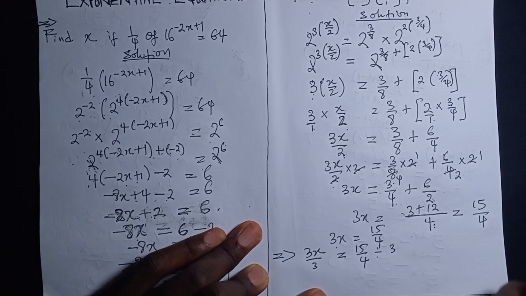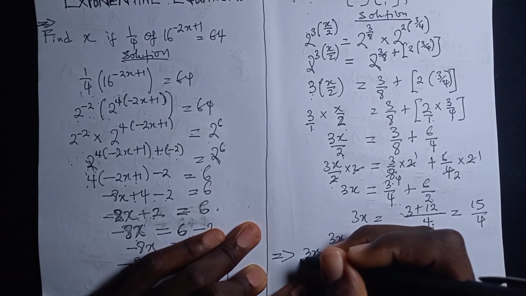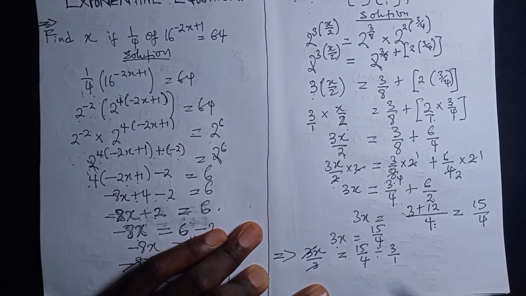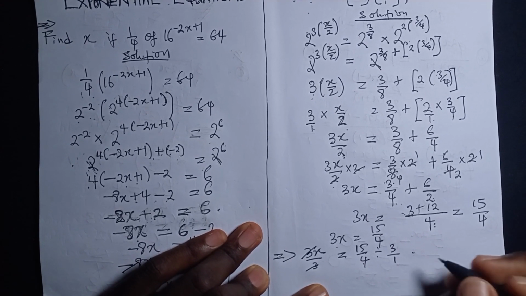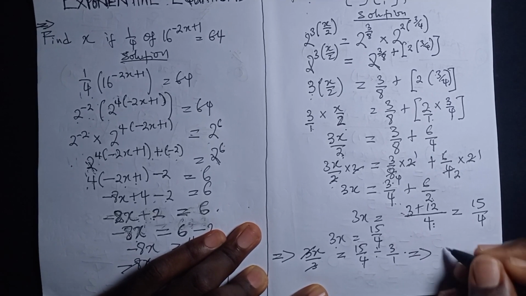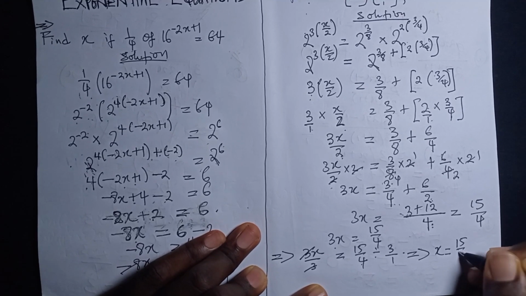And I always tell you every number there will be invisible what? Over 1. So 3 can cancel what? 3. You have x is equal to 15 over 4 divided by 3.